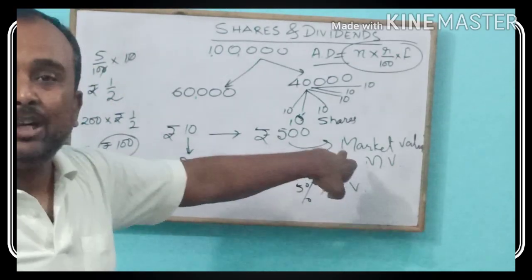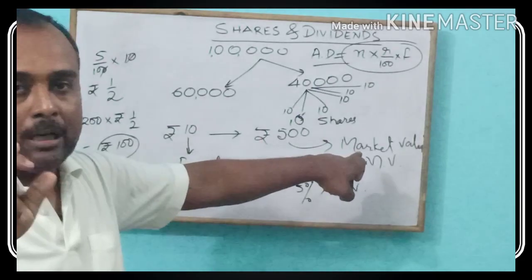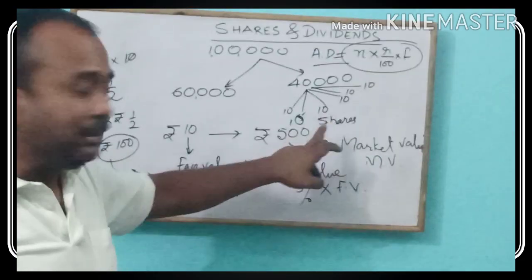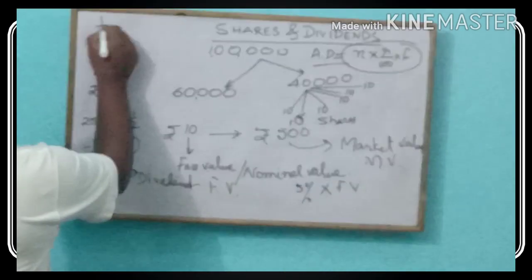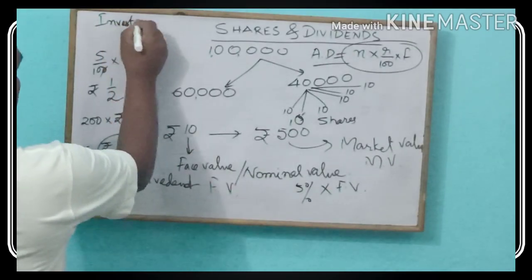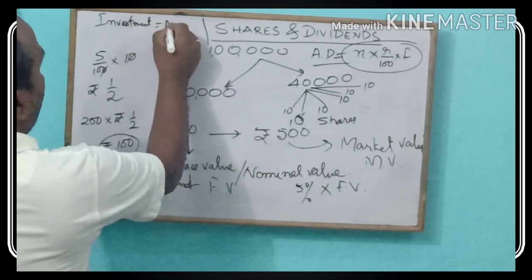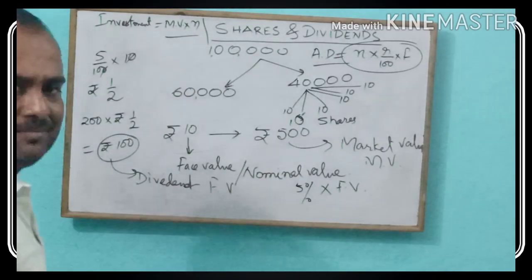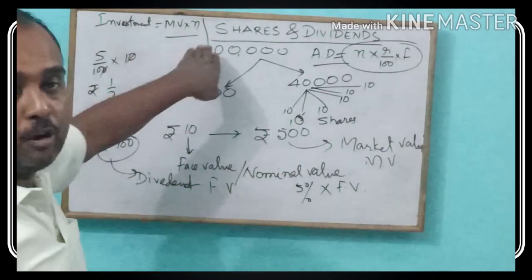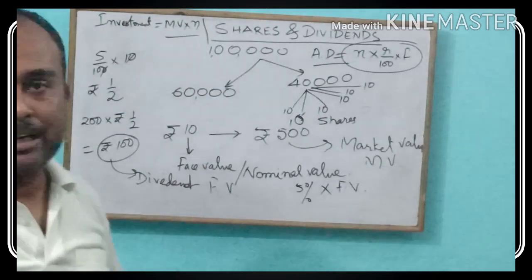So 50 into 500 per share, market value is 500. So investment is equal to market value into number of shares. We can get one more formula from here, that is number of shares is equal to investment by market value.